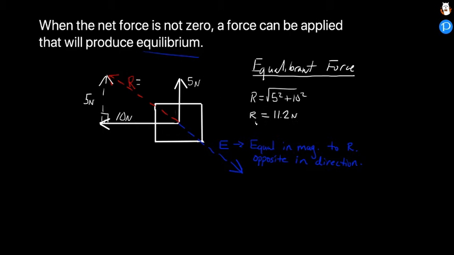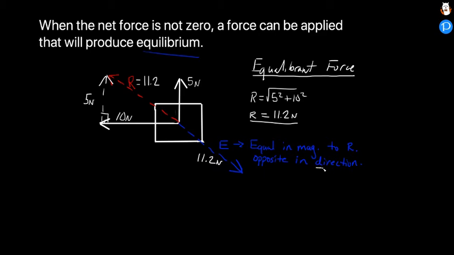Now that's the magnitude of this force. So this force is 11.2 newtons. That means the magnitude of my equilibrium force also has to be 11.2 newtons. So I know the magnitude, but I'm not done, because I also have to figure out at what direction I apply that force.